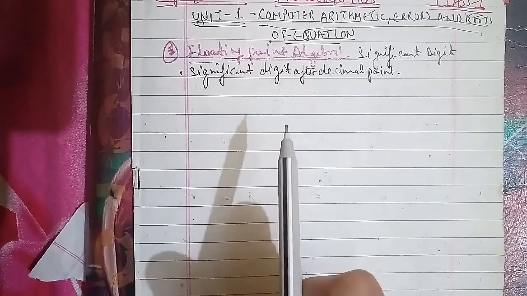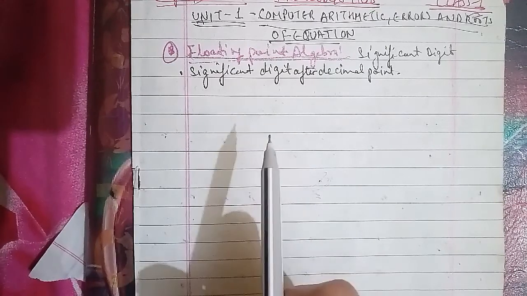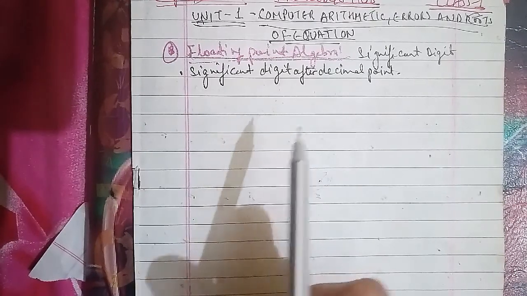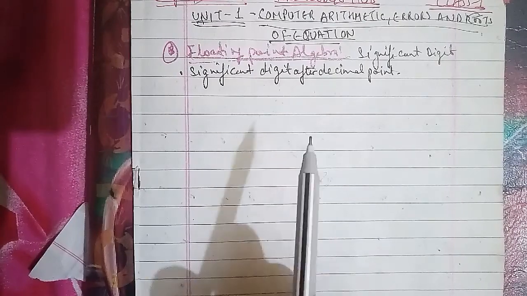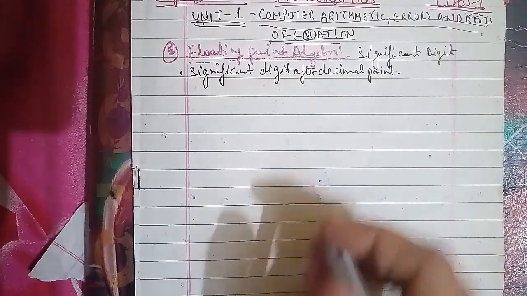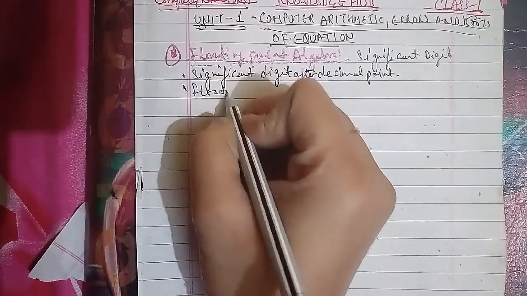A floating point number is expressed in the form x = m × b^e.